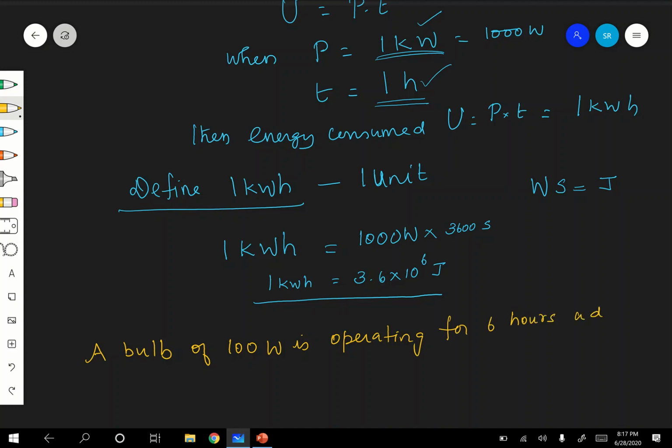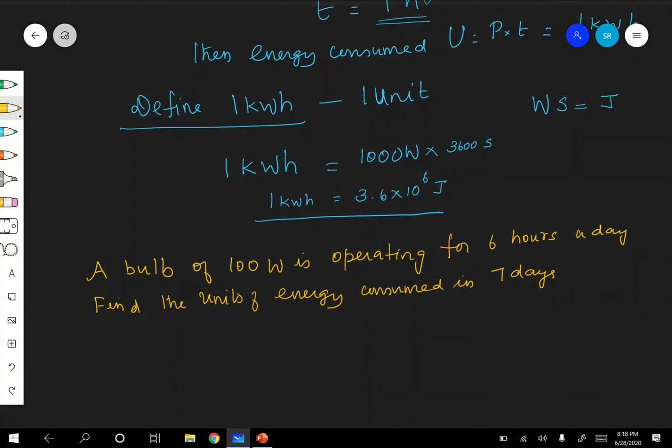Find the units of energy consumed in 7 days. Therefore, what is the energy consumed? What is given first? That is very important. I'm telling you every time, what are all the things given?